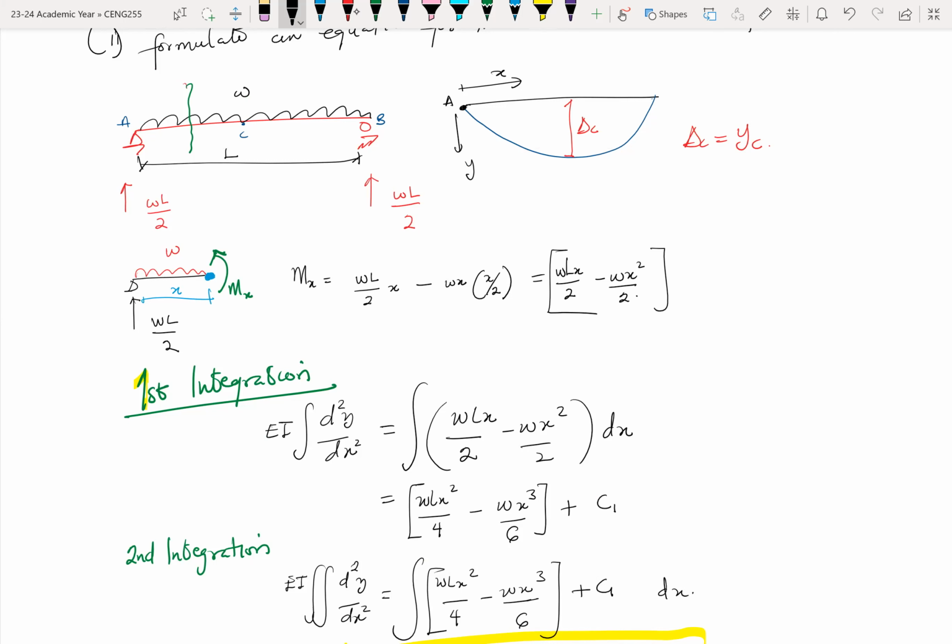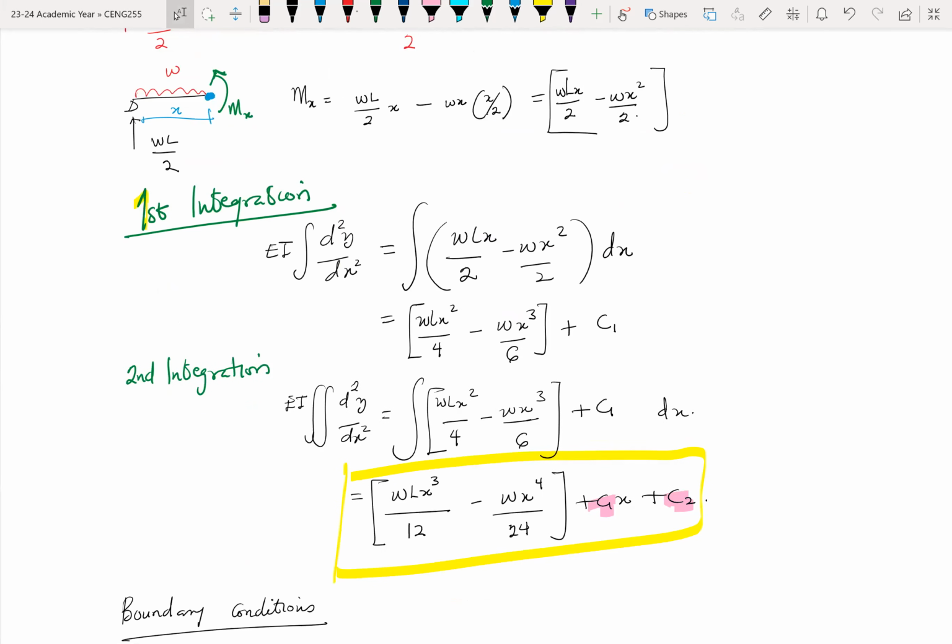Unless otherwise intended, supports do not undergo deflections. We typically know 3: the pin support, the roller support, and the fixed support. They don't undergo vertical deflections.